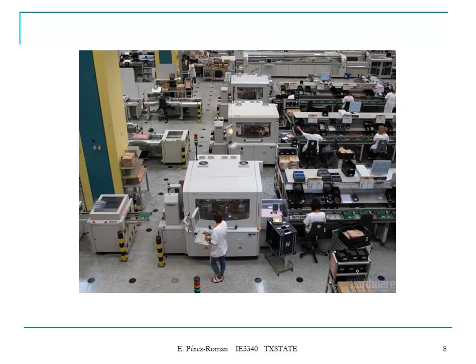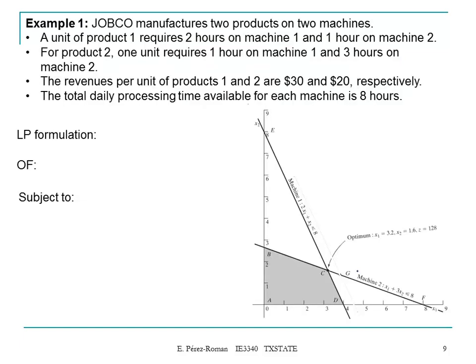So we are looking at 2 machines in the next example. We are manufacturing 2 products on 2 machines. A unit of product 1 requires 2 hours on machine 1 and 1 hour on machine 2. For product 2, 1 unit requires 1 hour on machine 1 and 3 hours on machine 2.